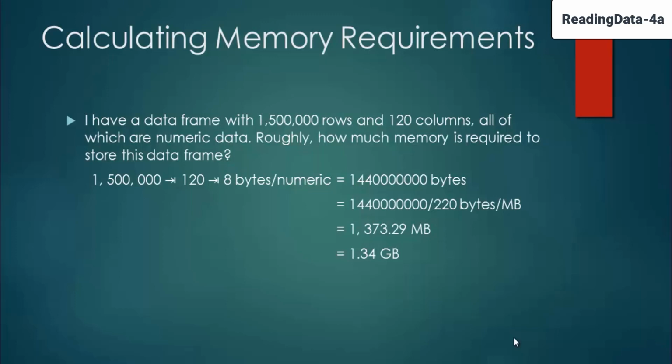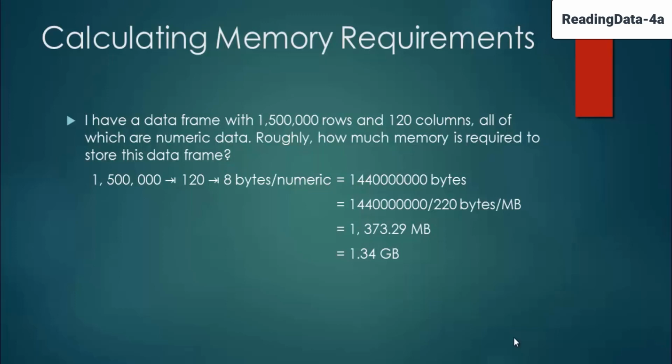So let's say you have a data frame with like 15 lakh rows and 120 columns. And let's say all are numeric data for simplicity. And you can just estimate how much memory will be required to store this data frame into an R data set. Let's say for a single character or a numeric or any kind of atomic object that is inserted into a data set will occupy 8 bytes.